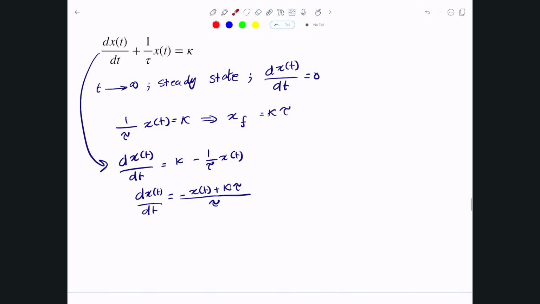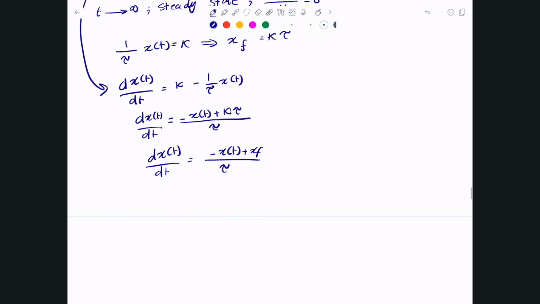All right, but we know that this one here, kappa tau, is just the final value of x. So let me just substitute this. dx of t divided by dt is simply negative x of t plus x final, divided by tau. Okay, so now it's a first order differential equation, so what I will do is I'll just isolate the x's together and the t on the other side. That's what we're going to do.